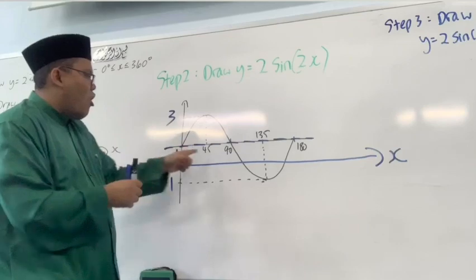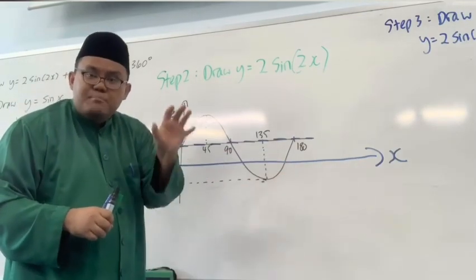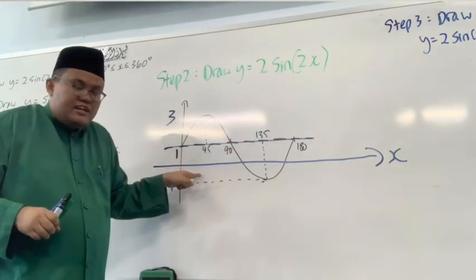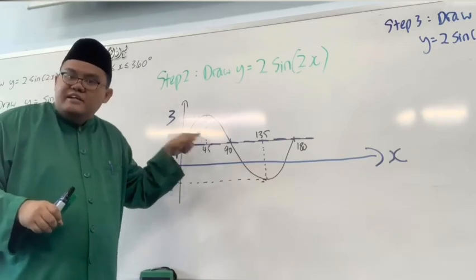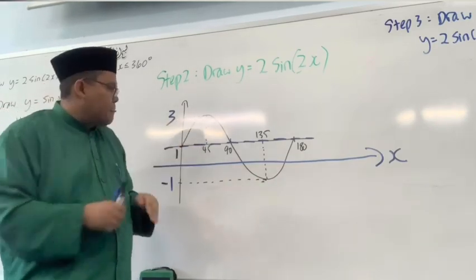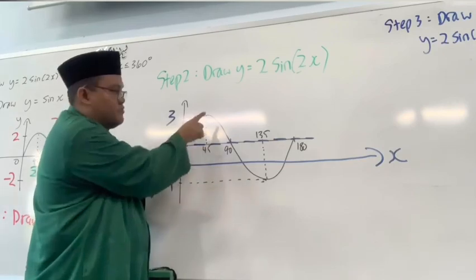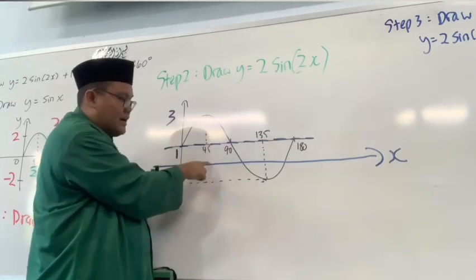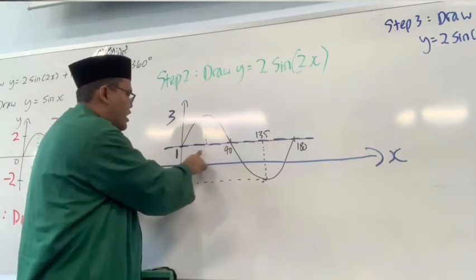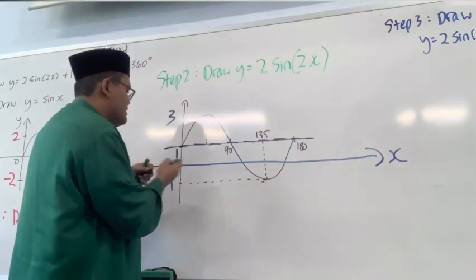But remember, all our angles we must label on the x-axis, not on the axis of curve. So I need to put all the angles down. So this 45, yes, is this point, but it should be down here on the x-axis. So our 45 is down here.